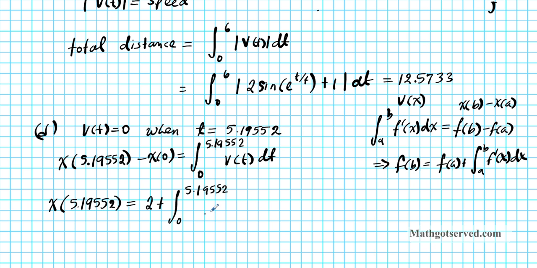It's up here: 2 sine e to the t over 4 plus 1 dt. Okay? Alright, and when you plug it in your calculator, you're going to get 14.134. Okay? So that's that.